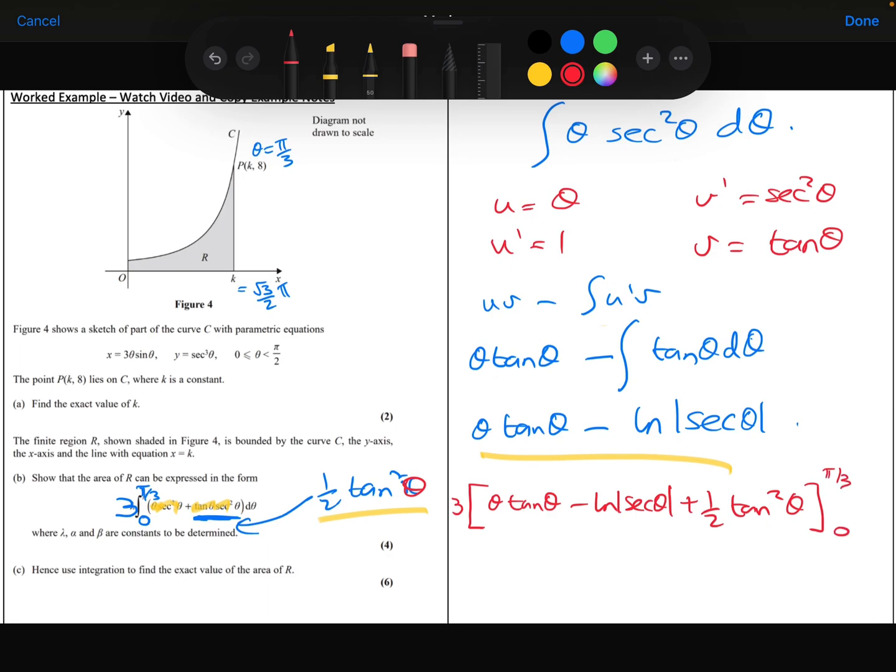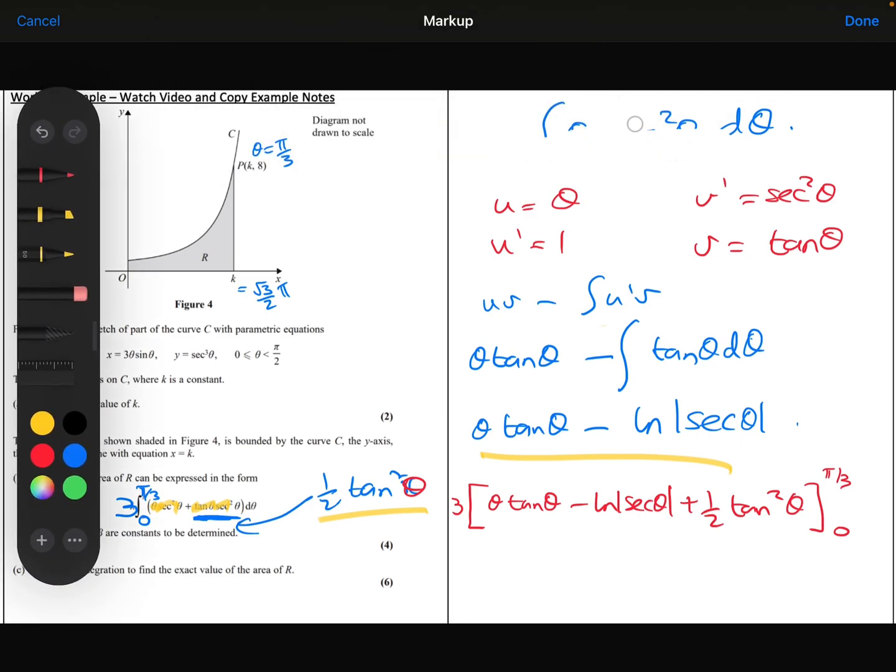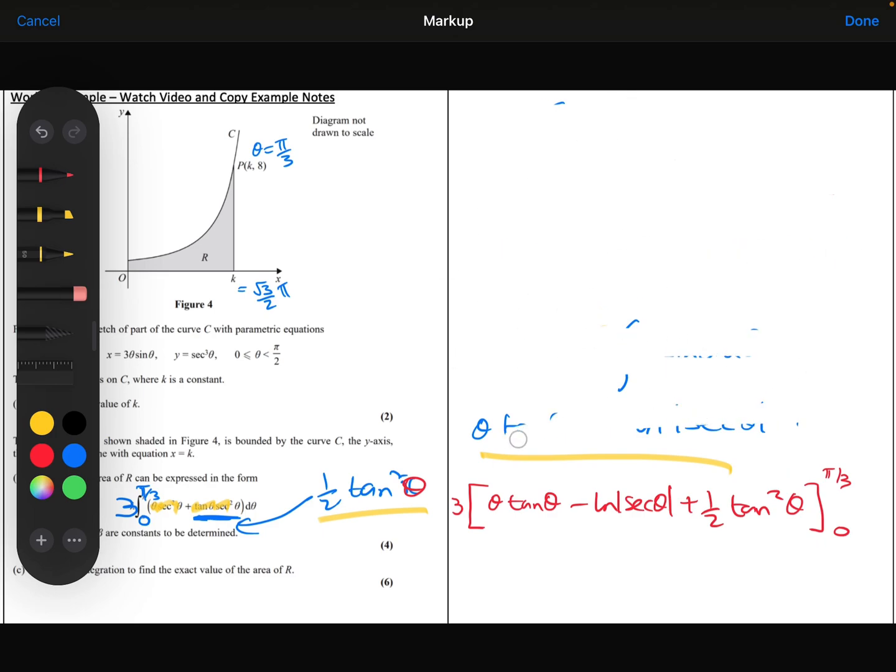Now all I need to do is substitute my limits in. So let me just get a bit more space, and then we'll finish this problem off, because we're nearly there. And then we've got a nice 12 marks for this.